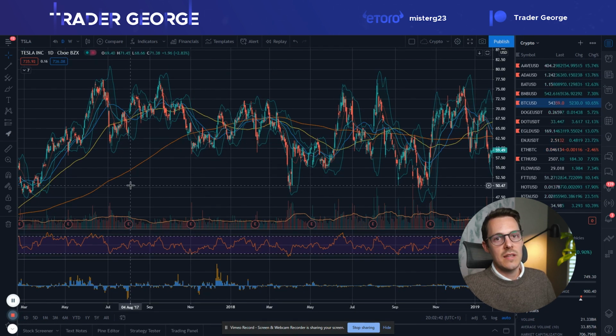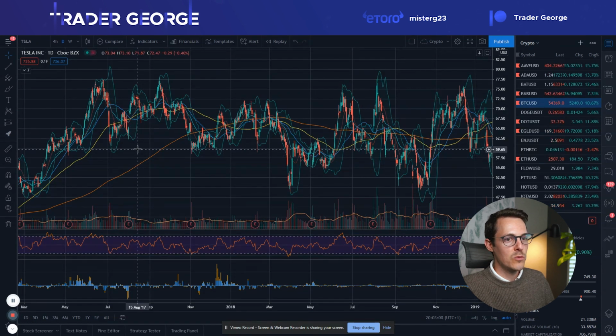So another reason that these levels occur is again to do with psychology or the mentality of traders. And you will notice that they often appear at rounder numbers or more important numbers. And in this case, you can see that on a small scale by the fact that this support level here is almost exactly at $60 on the dot. And the reason for that is that people are quite lazy.